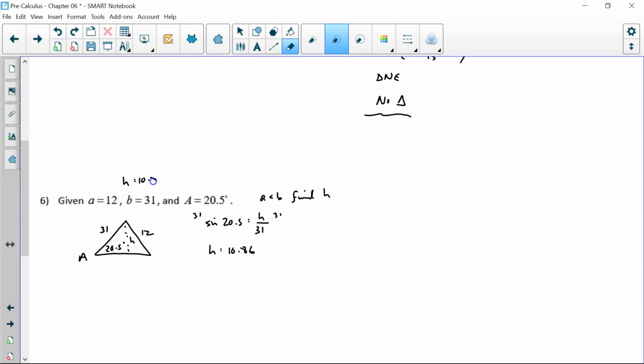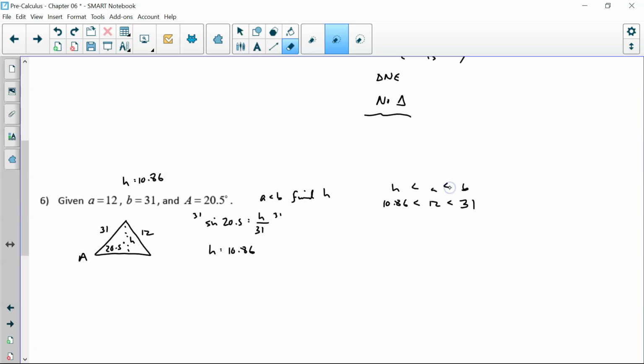So now, H, the 10.86, is less than a, which is 12, and is less than b, which is 31.